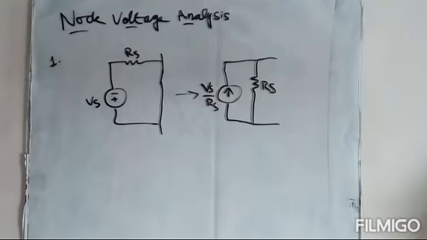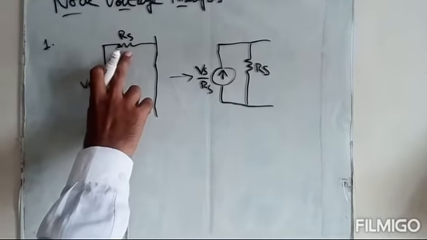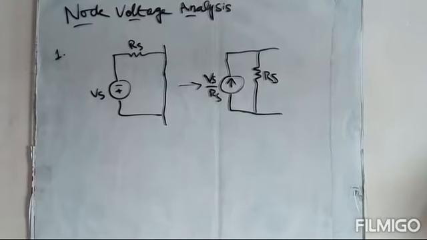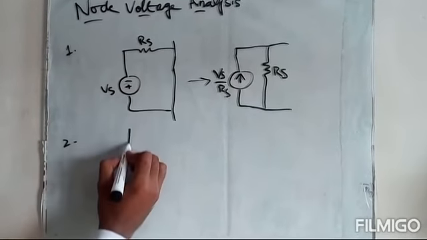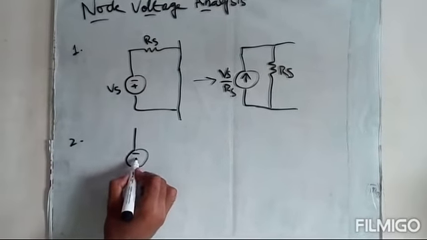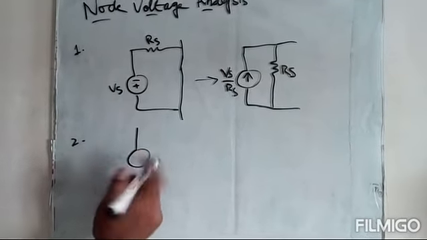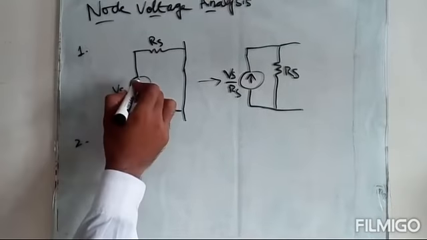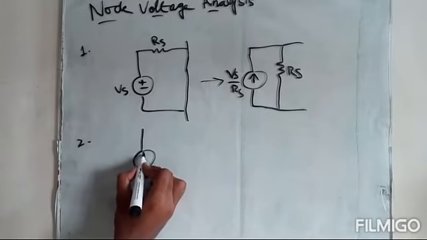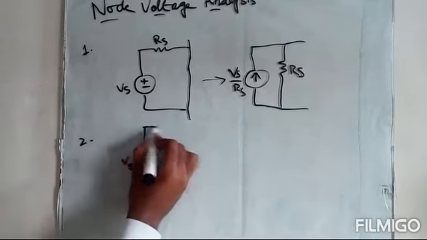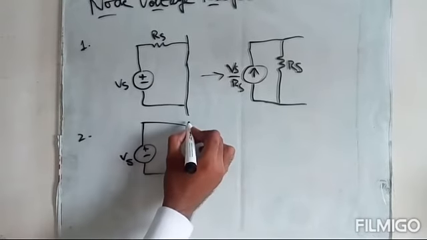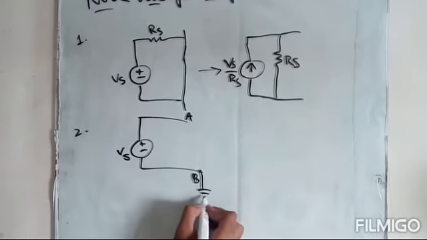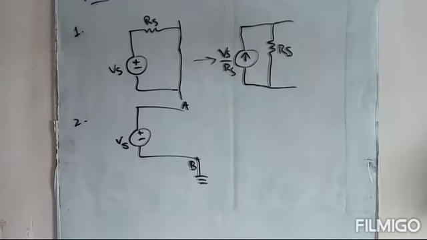But if there is not a series resistance across our voltage source, then what we will do, this is positive and this is negative. For example, this is the node B and this is node A. We consider it as a reference node, then our circuit will become easy.